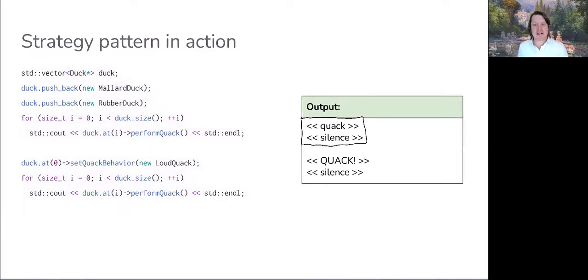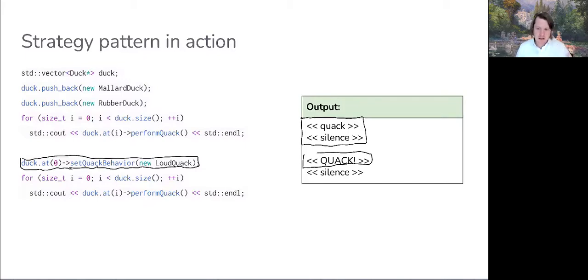Now here's where things start to get interesting, because one mallard duck could quack differently from another mallard duck, depending on the strategy that a particular mallard duck employed. And we can see that by saying ducks at 0, I'm going to set its quack behavior to a new loud quack. And the next time we ask that duck to perform its quack, we see a loud quack.